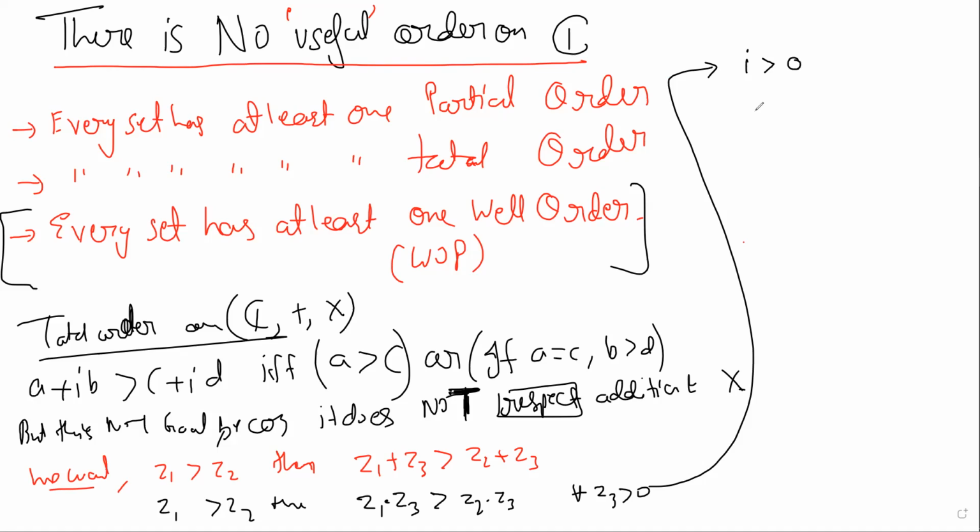Now think, does this hold? A plus ib bigger than c plus id, does that imply the product is bigger?